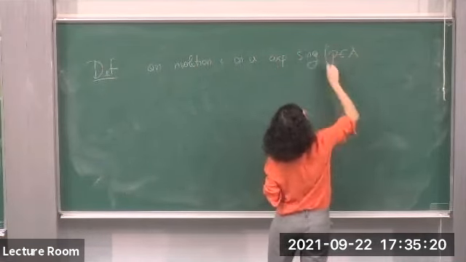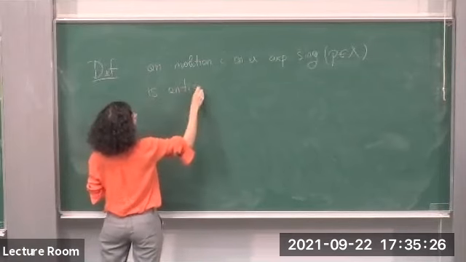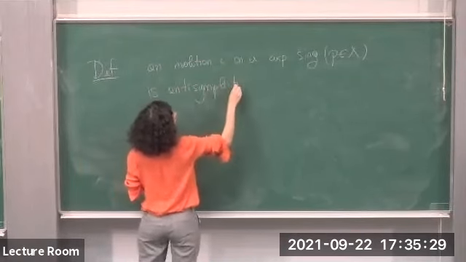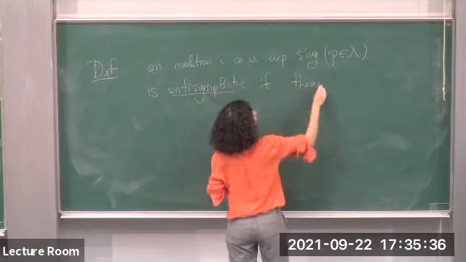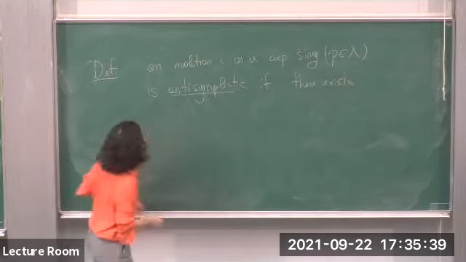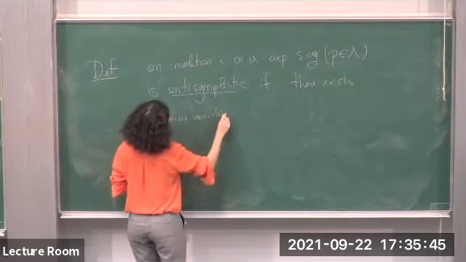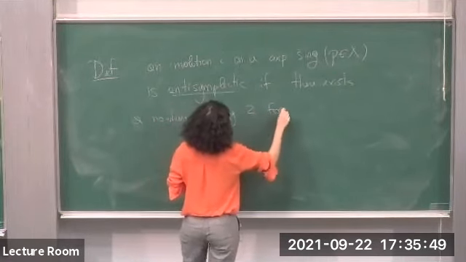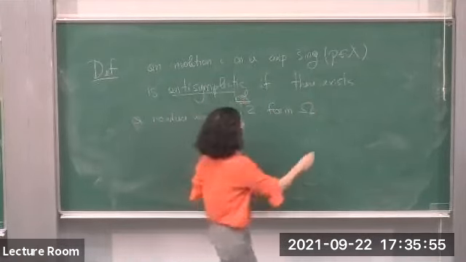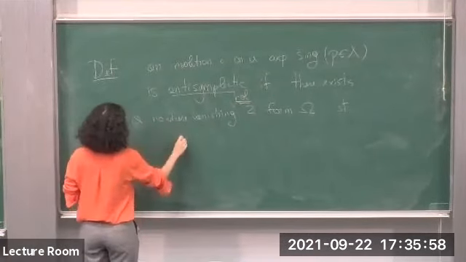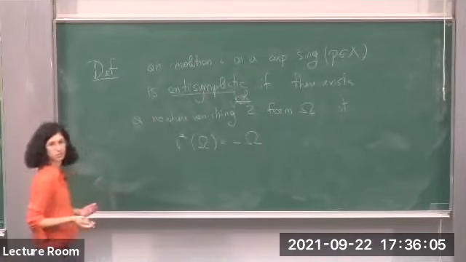Next, we say it's antisymplectic if there exists a nowhere vanishing holomorphic 2-form omega such that when I pull back using I, I get minus omega.